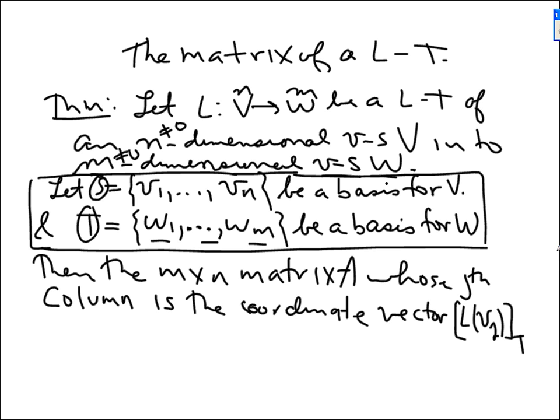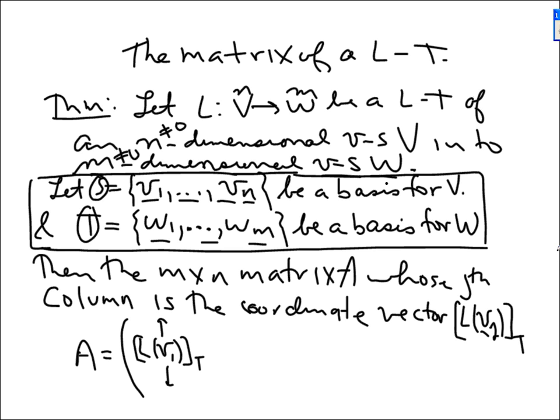Now, if you think about it, Vj comes from S. So, we find the coordinates of every vector in S with respect to the other basis T. So, when we write A, the first column is going to be L of V1, to be exact, the coordinates of L of V1 with respect to T. That will be the first column.